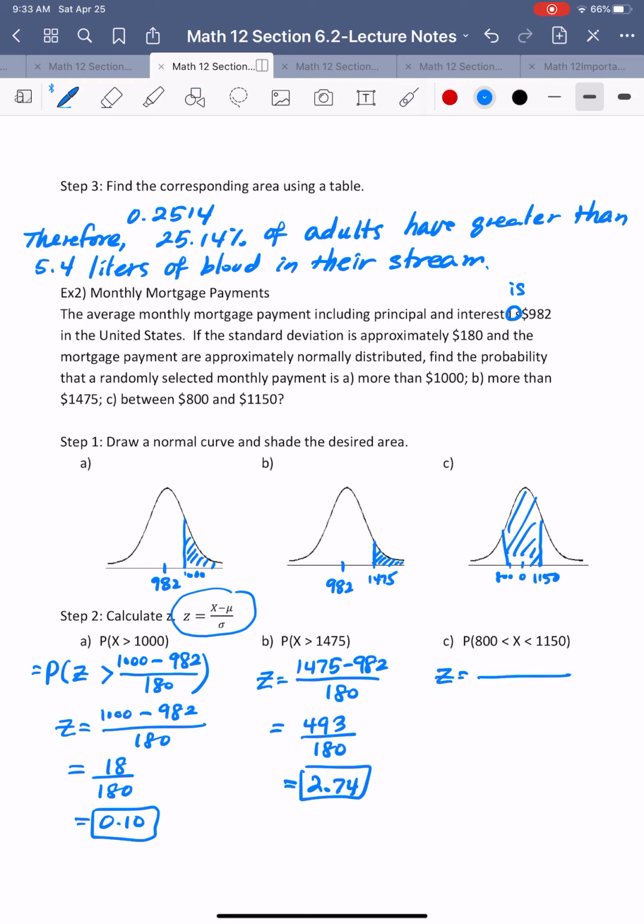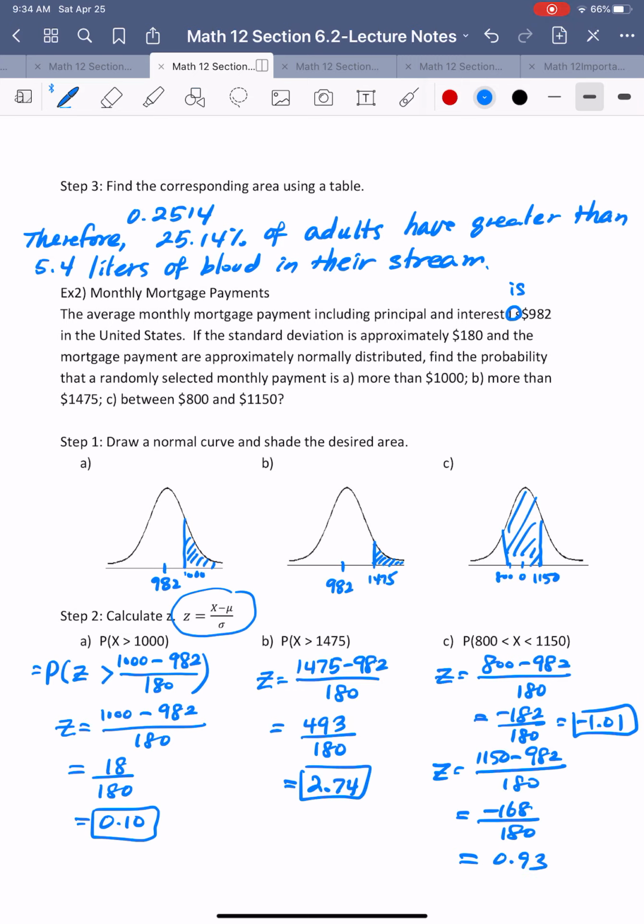One is 800 minus 982 divided by 180, which is negative 182 over 180, about negative 1.01. Another z-score is 1150 minus 982 over 180, which is 168 over 180, about 0.93.